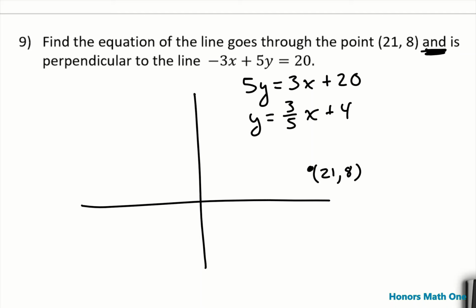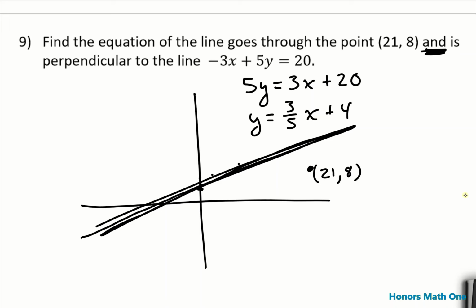Now, what's nice about that is I now know the slope of this line, right? There's some line that has a y-intercept that's at 4, and it goes up 3 units and then over 5 units, right? Up 3 over 5. So I don't know exactly where this line is, but there's some line here that has a particular slope. And I'm supposed to find the line that is perpendicular to that line.